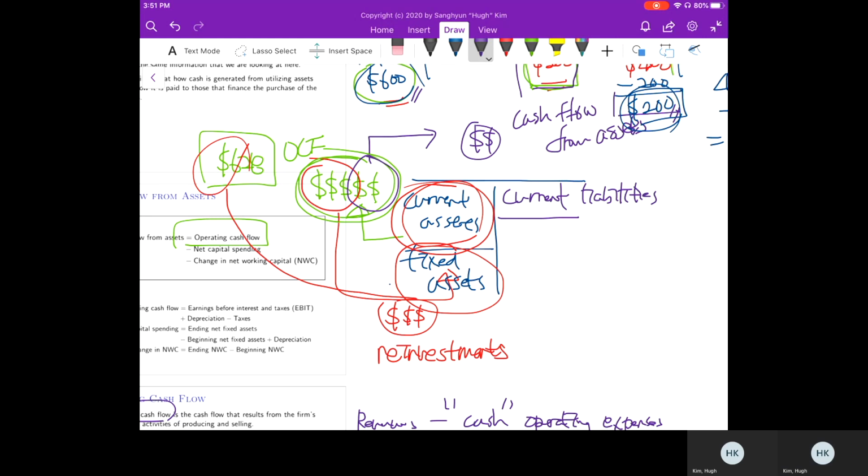So you have to adjust for the change in current liabilities when we are thinking about investment in current assets.